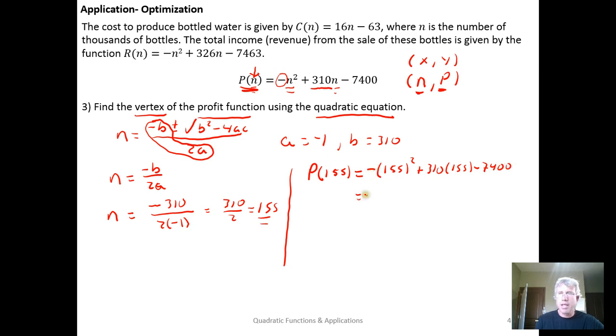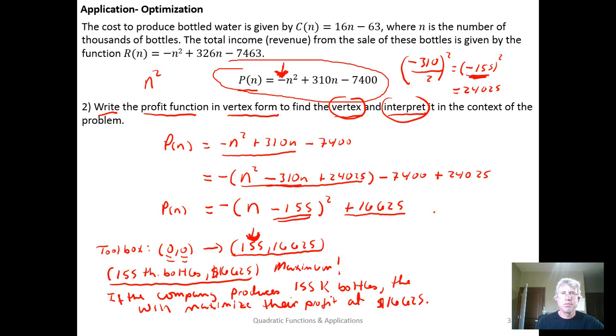So this is going to be negative 155 squared is 24,025 plus 310 times the 155 is going to be 48,050, and we're subtracting off the 7,400, and if we crunch this in a calculator, we're going to get $16,625, which matches what we got by completing the square and putting the function into vertex form.